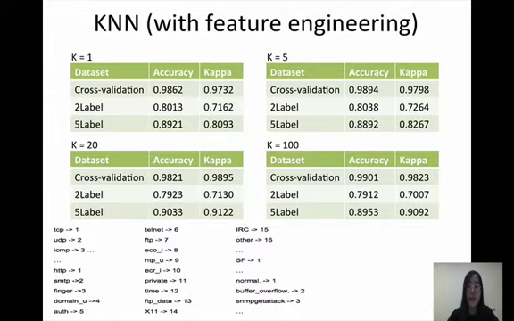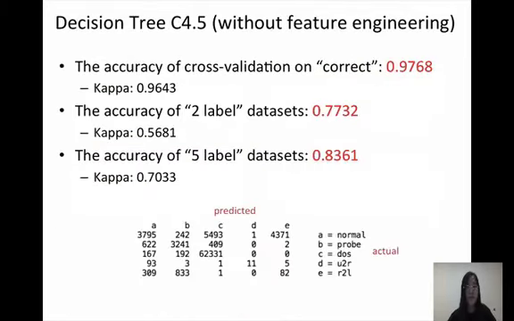Similar to Naive Bayes, the performance of KNN was also improved with the feature engineering, including accuracy, kappa value, and confusion matrix, which was not shown here because there are 4 of them and I do not have time to explain. All of these statistics are very similar, so I decided not to give more explanation for it and save time for others. Okay, next, decision tree.